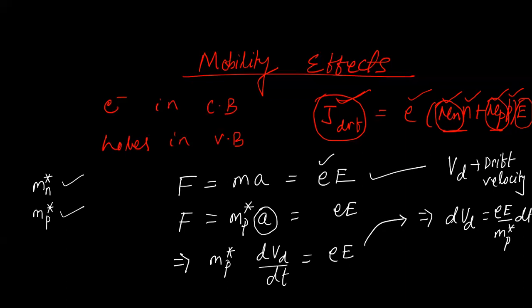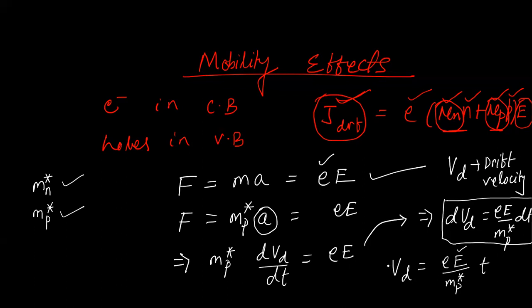So we got dvd equal to this. Now, considering the electric field and the effective mass of the hole in the valence band to be constant, we can integrate both sides. Considering the electronic charge constant, the electric field constant, and mp star constant, we can take them out.